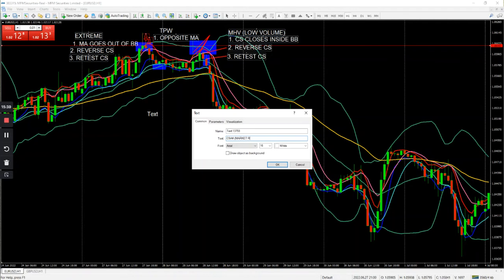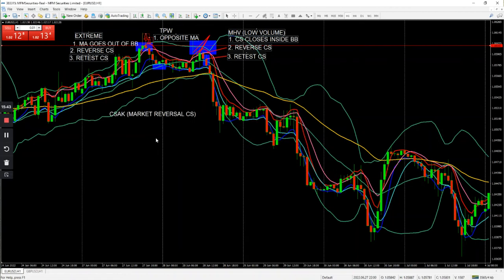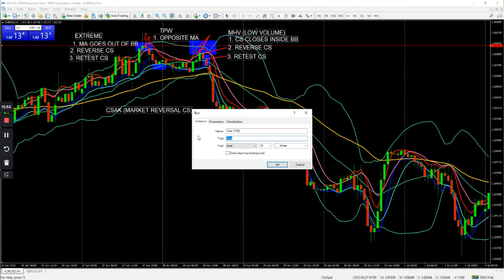Market reversal CS. What is the criteria? If it's a sell, it has to break the MA low.